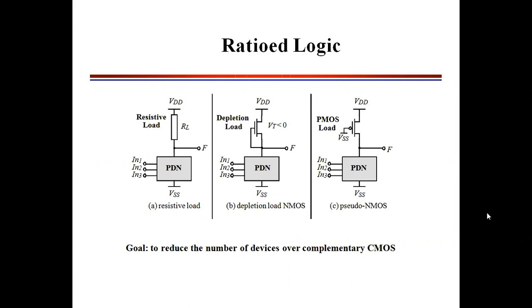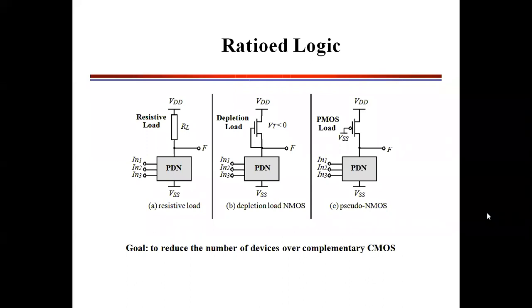By using the ratioed logic concept, you can reduce the number of devices required to build the same design. Now, what are the different ways to achieve this?